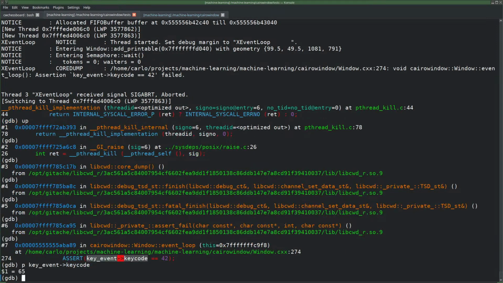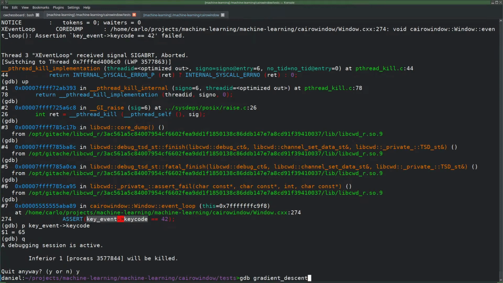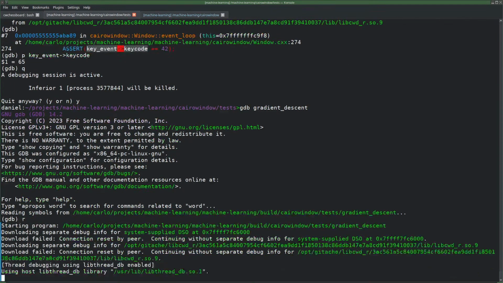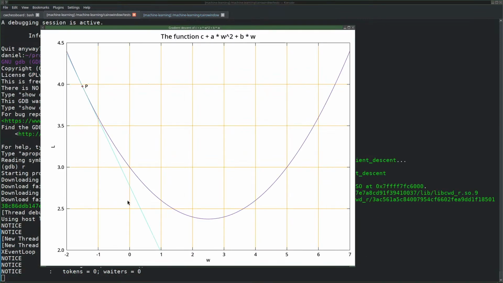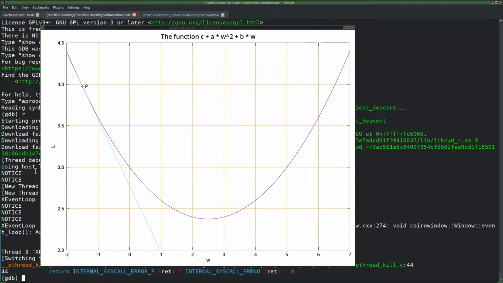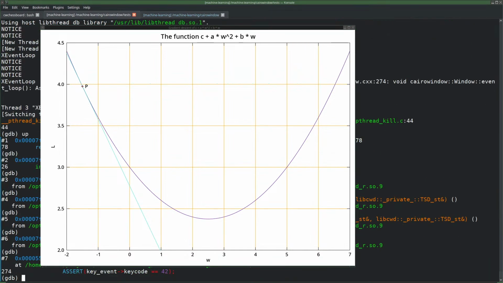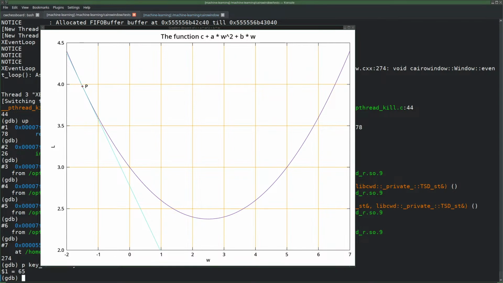I have two space bars though. So is one different from the other? What do you think? I don't know which I pressed. 65. Let's try this again. Run. I pressed the right one. I think I did that before as well. The right one is 65.